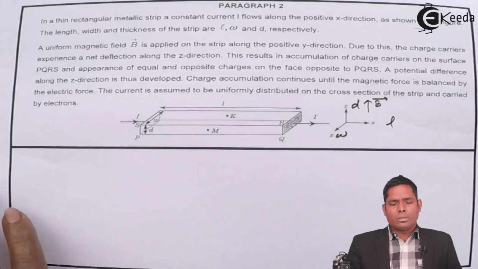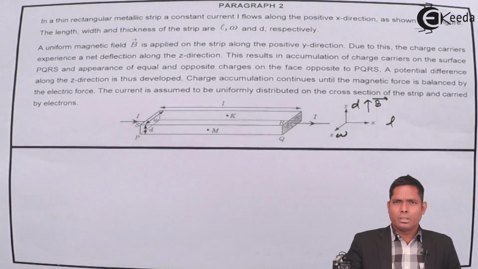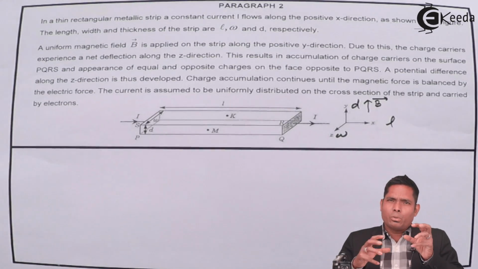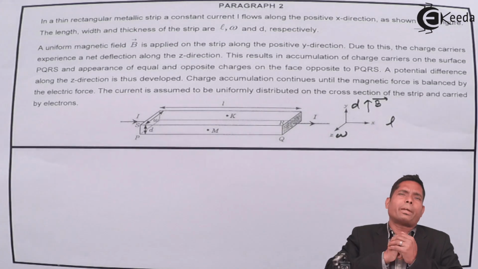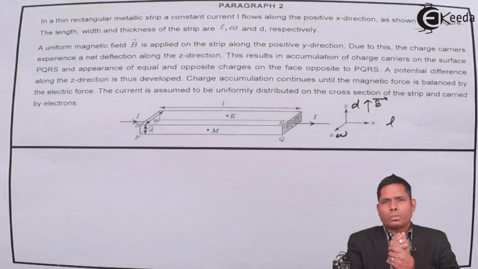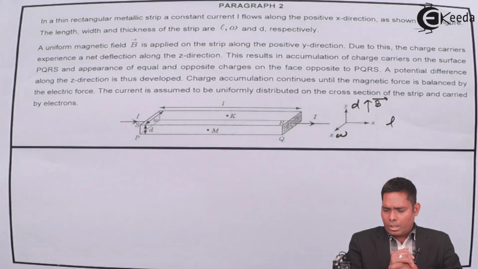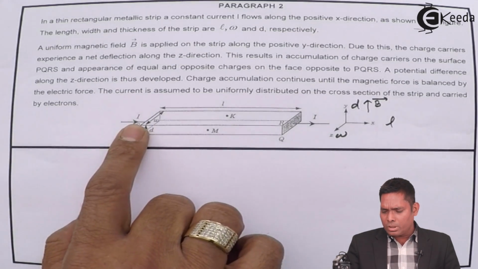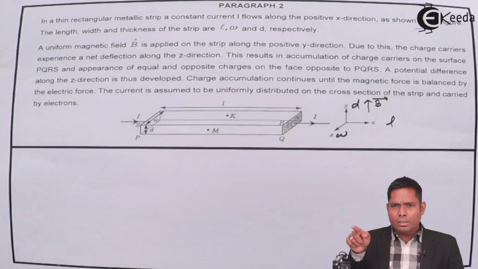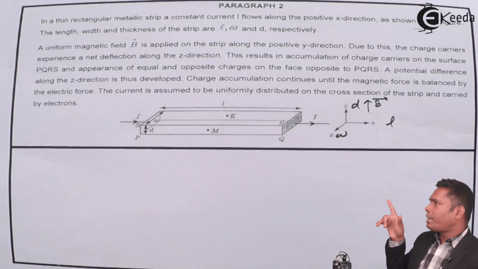Because we know the formula for the force on a charged particle in a magnetic field is QvB. If I think of a positive charge, the current is moving from left to right, and B is in the y direction.